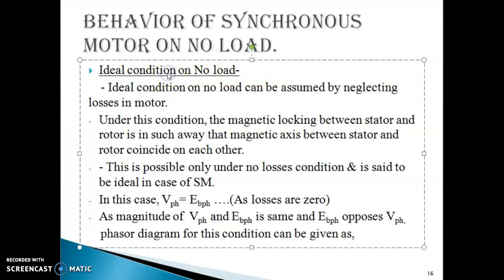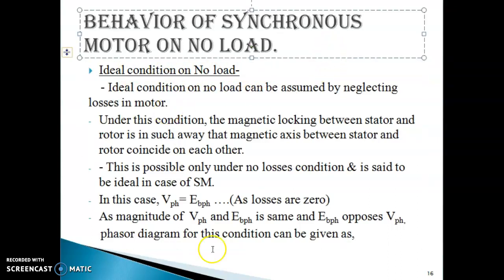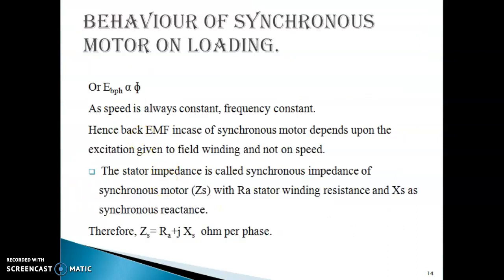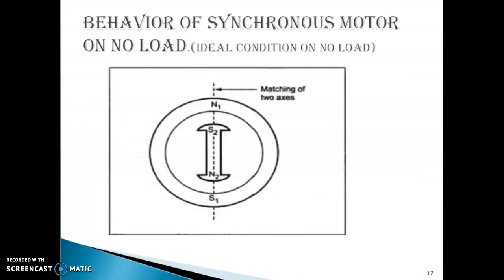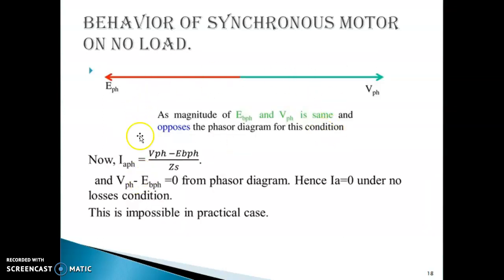As we have said, ideal condition means that losses are 0, so VPH is equal to EBPH. This equation we have got from this equation. Okay, from this equation, if losses are 0, then VPH is equal to EBPH. So the magnitude is exactly the same, but the directions are opposite, and that's why we have drawn the phasor diagram like this. Okay, so this is the complete explanation of case 1.